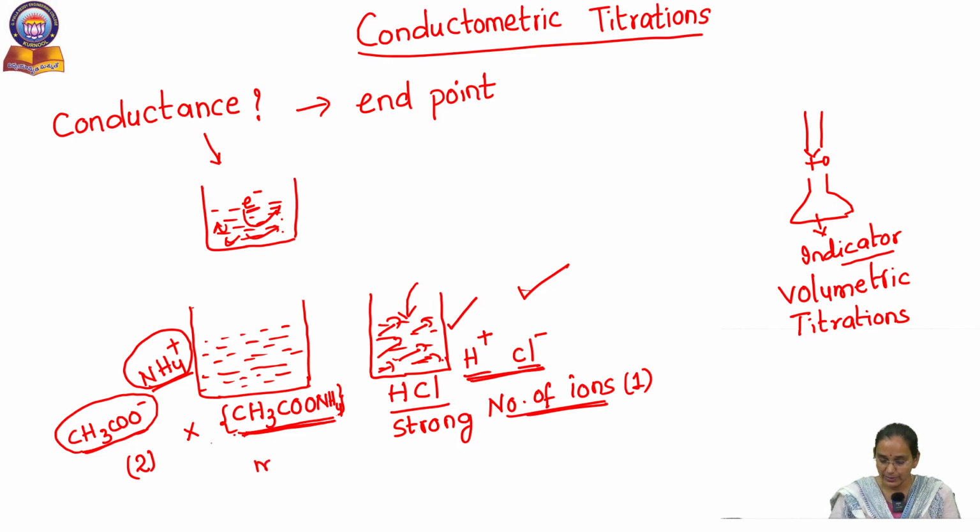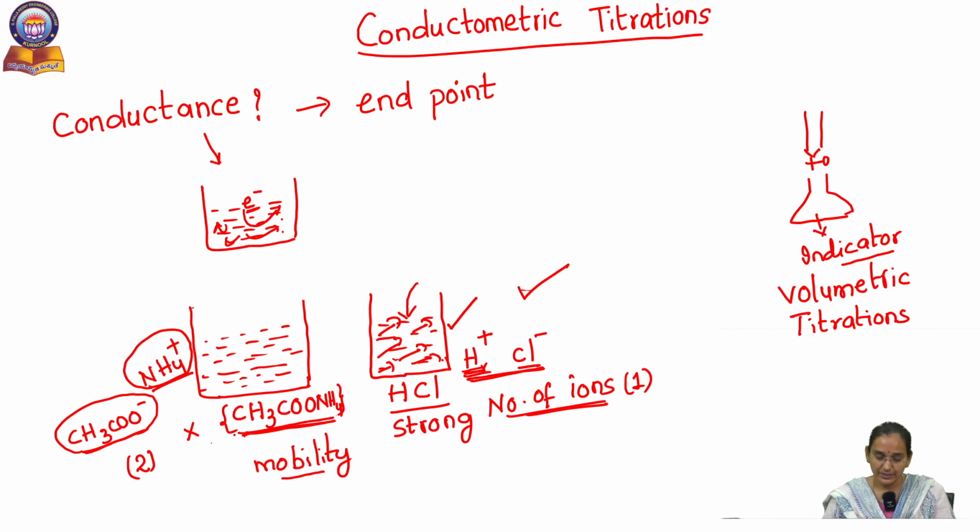So coming to the mobility, the H plus ion is smaller in size and highly mobile, so it allows the electrons easily and fast. Coming to ammonium acetate, the mobility of acetate ion or ammonium ion is slow, because they move slower due to their bulky size.